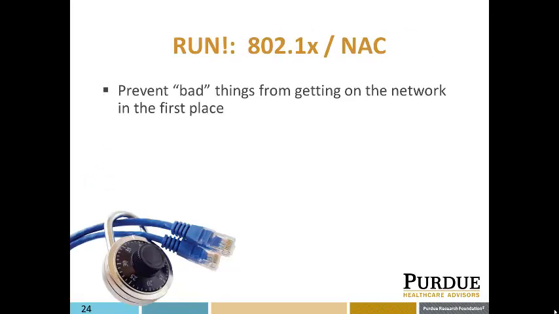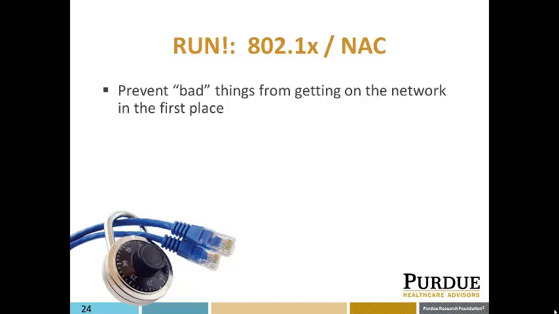Access control, network access control. Not easy to do, but essentially the goal is to prevent bad things from getting onto the network in the first place. So think about it. You manage all your equipment. At some point, IT has touched it before it was put into production mode, right? So we know the attributes of the environment.